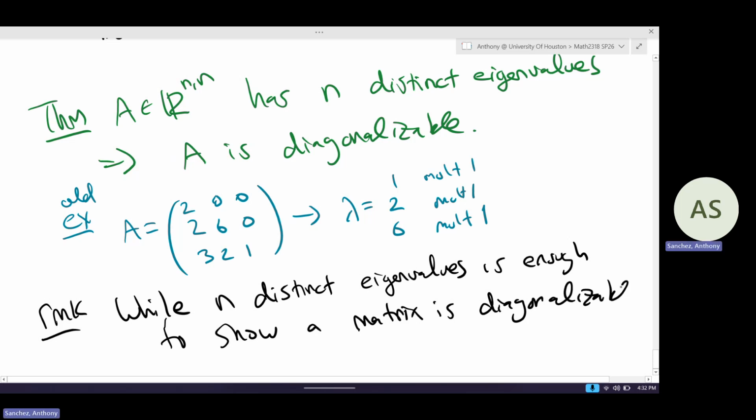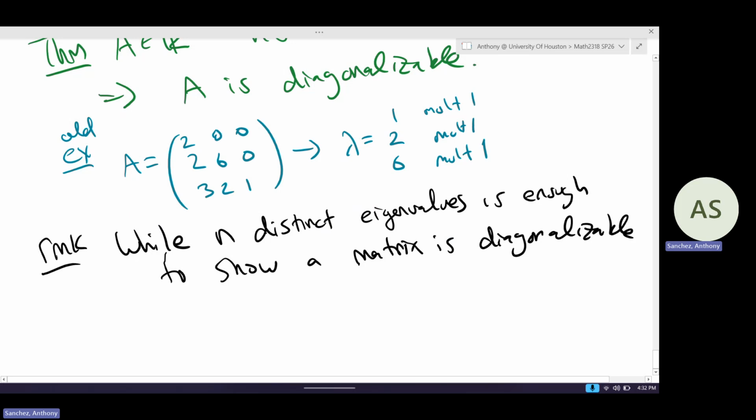You don't always have to have n distinct eigenvalues to show that a matrix is diagonalizable. It is not required. So what I'm trying to say is if you show your matrix has n distinct eigenvalues, if you show a 5 by 5 has 5 distinct eigenvalues, then you automatically know it's diagonalizable. But just because a matrix is diagonalizable doesn't mean that it has to have distinct eigenvalues.